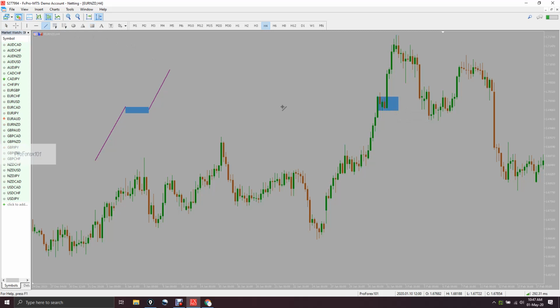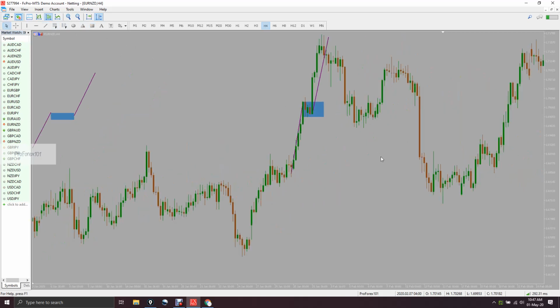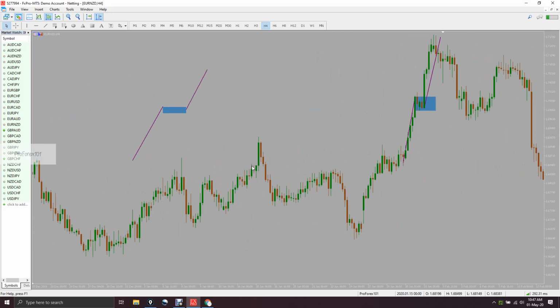So you've got your market coming up, halting for a little bit, and then shooting out, continuing north. So these are the two types of demands, and then the two types of supplies, guys.